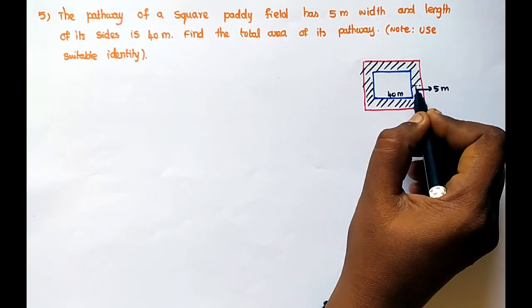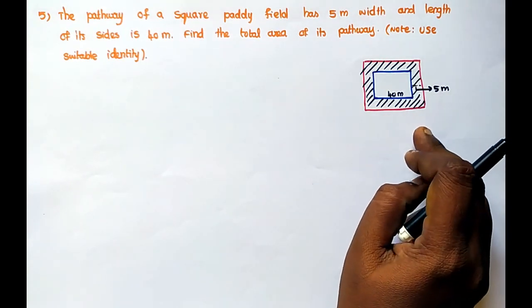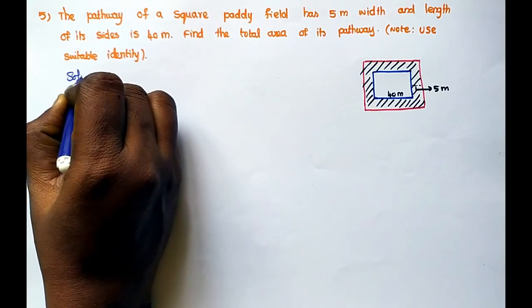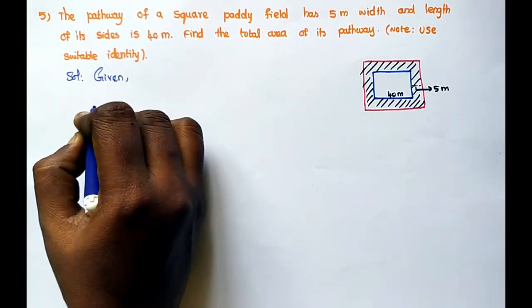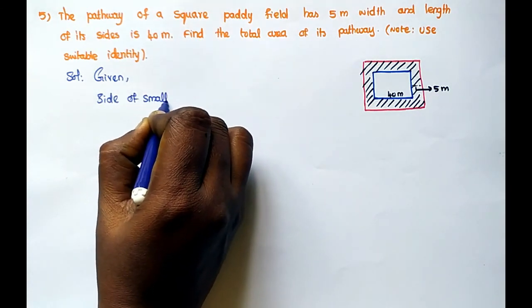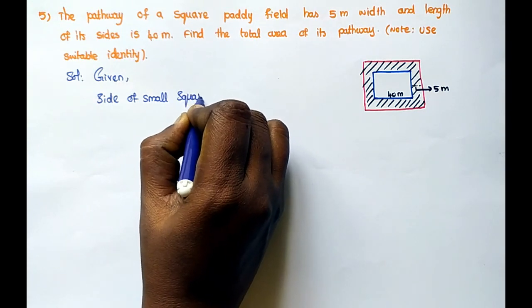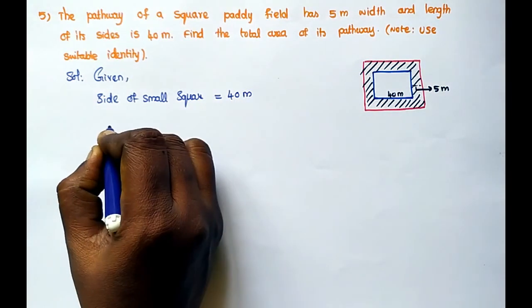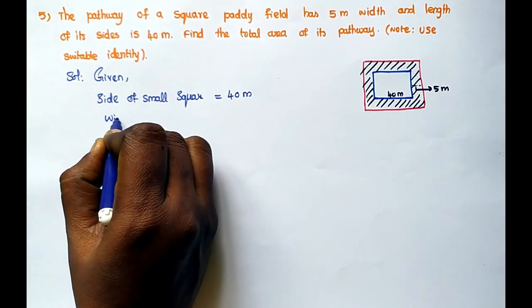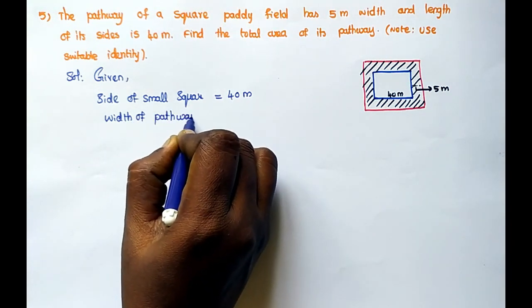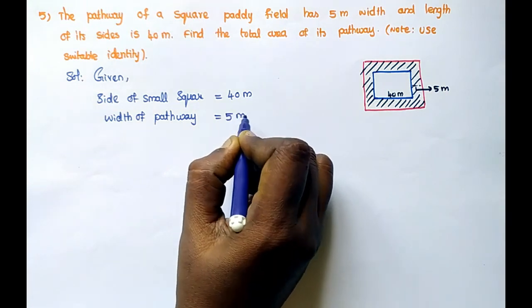For that we have to find out the length of the larger square. So first one, write down what is given. Side of small square equal to 40 meter. And width of the pathway given, width of the pathway equal to 5 meter.